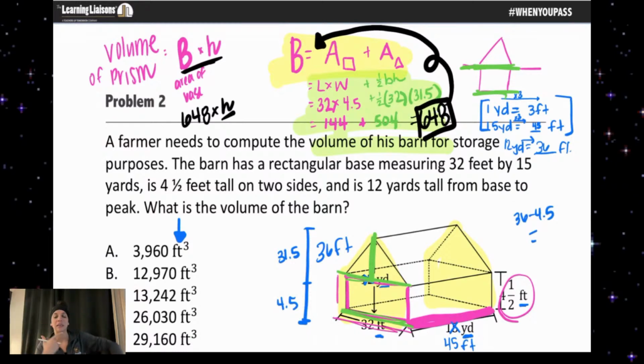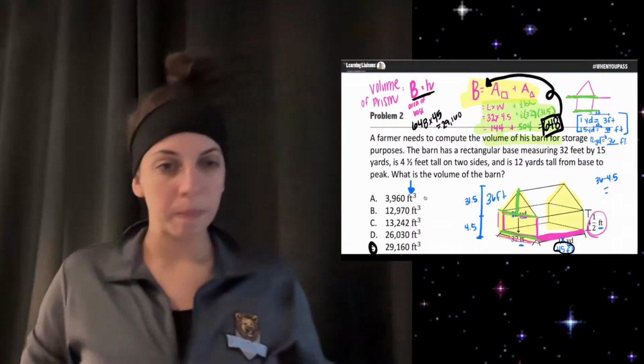What is that connecting piece? That connecting piece is 45. So 648 times 45 is $29,160. So E is the correct answer.